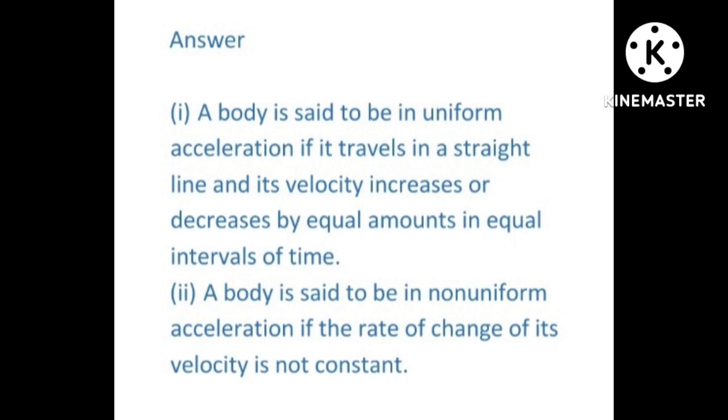Will there be acceleration? Yes, because the car has a change in its velocity. That means initially it was 0 velocity and it has increased to 50 km per hour. Okay, and one more example.